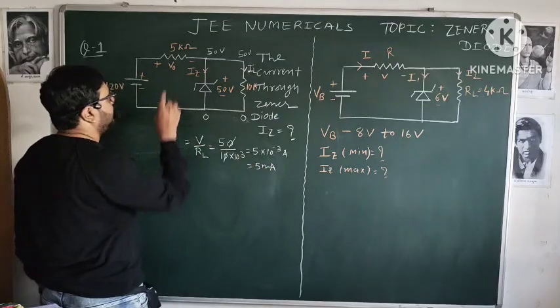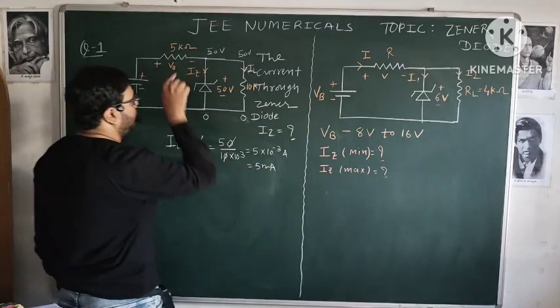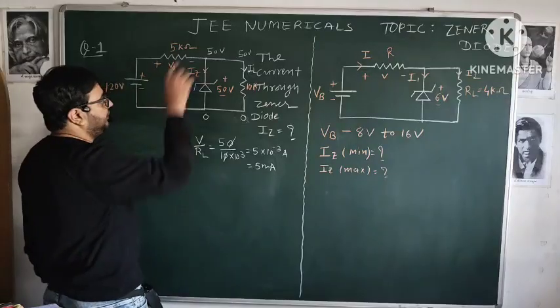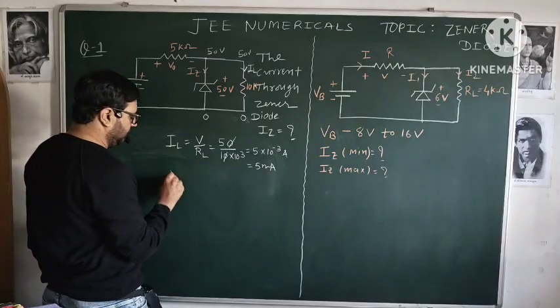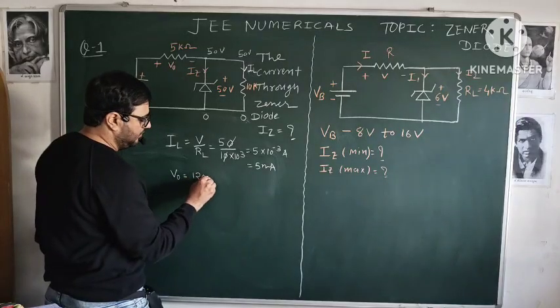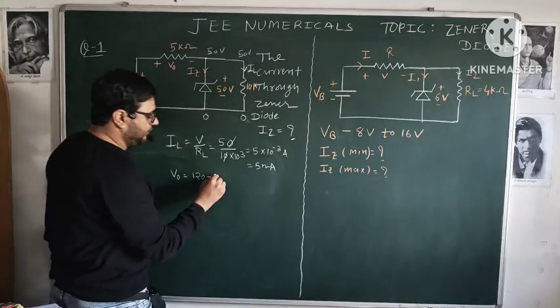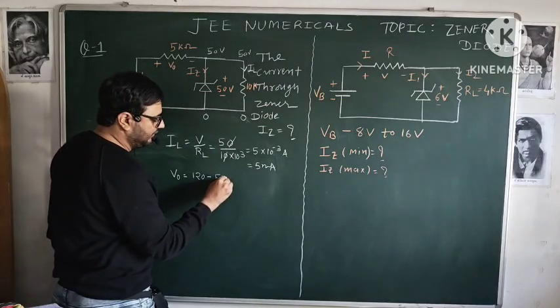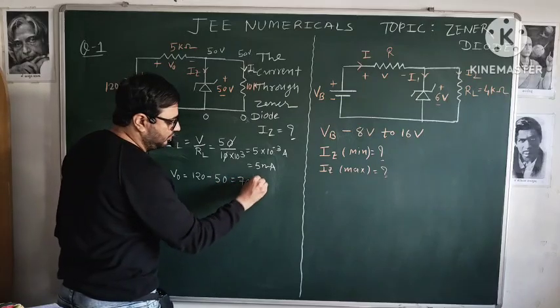Now we need to find V naught, the potential difference across the 5 kilo ohm resistance. That is the total potential 120 minus the Zener Diode potential, 50 volt. So the answer is 70 volt.